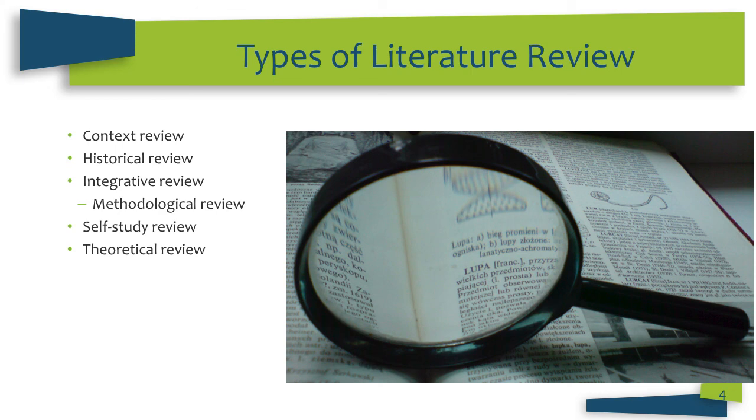It's again a common type of review in which the author presents and summarizes the current state of knowledge on a particular topic. It highlights agreements and disagreements on various issues in that particular topic. This review is often combined with a context review that we looked at earlier, or it may be published as an independent article as a service to other researchers.